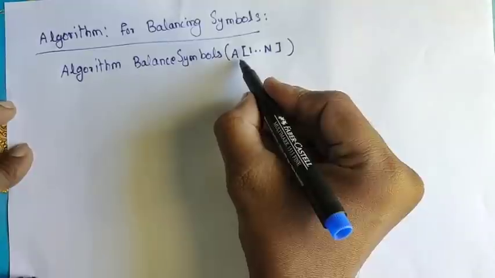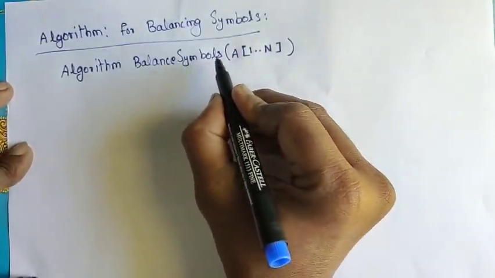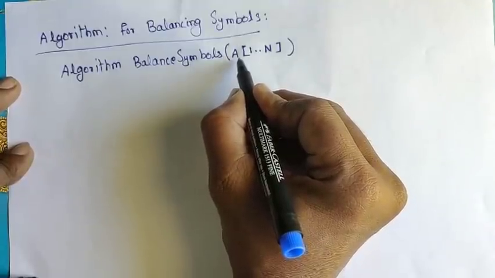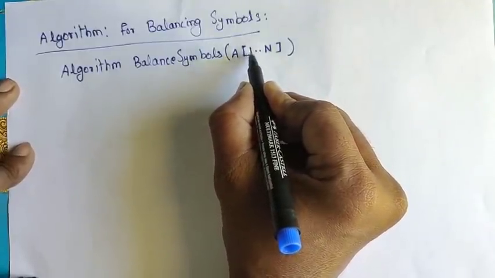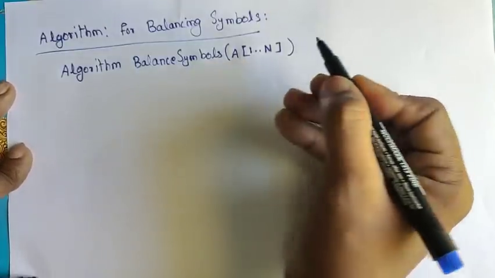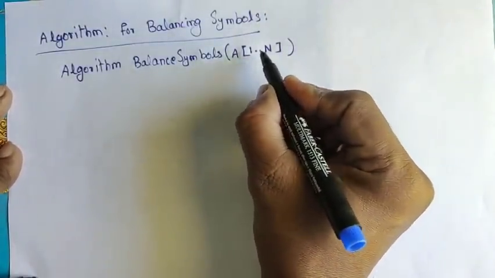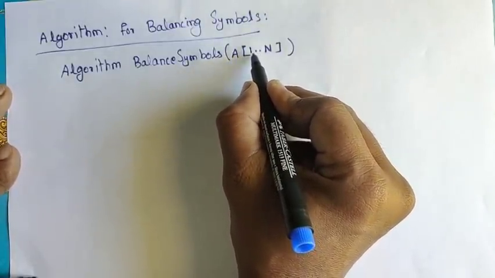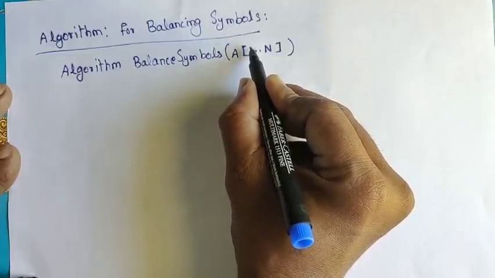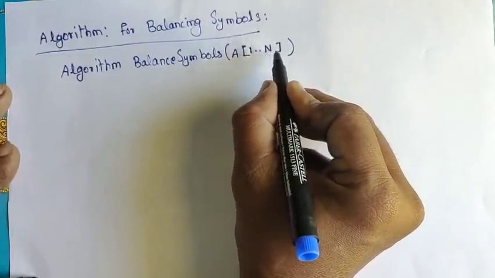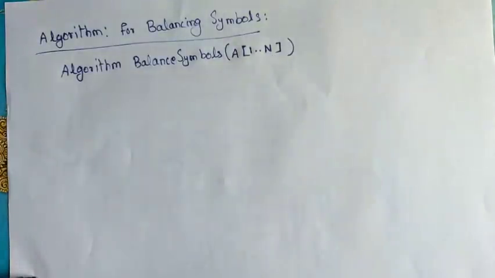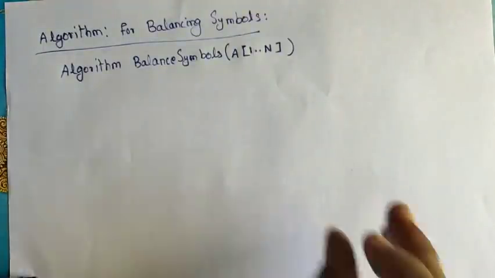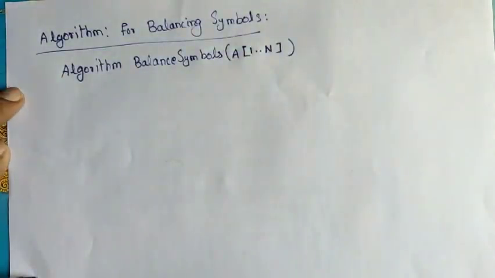Actually, in a programming language, when you pass a string, it is an array. A string is a character array, in which the index usually starts from 0 to n minus 1. But since this is an algorithm, we are specifying the input as an array containing the symbols from 1 to n. So A of 1, A of 2, up to n symbols are there. For simple understanding, we are giving the input like this.